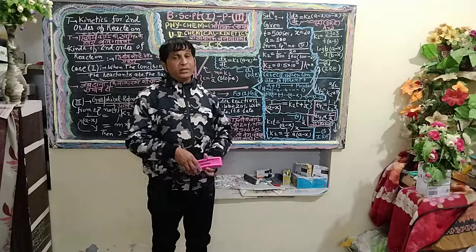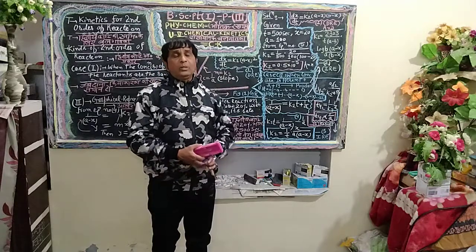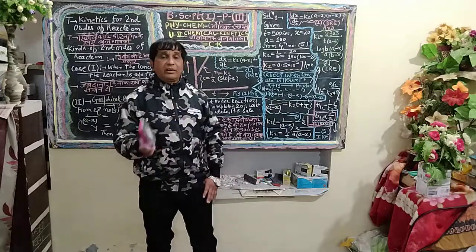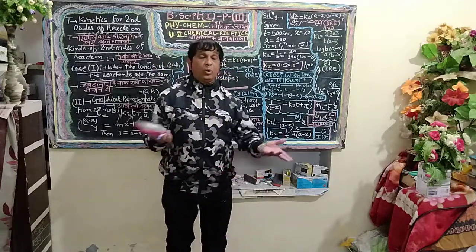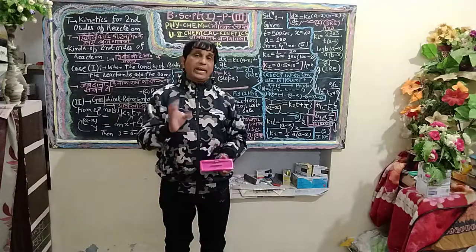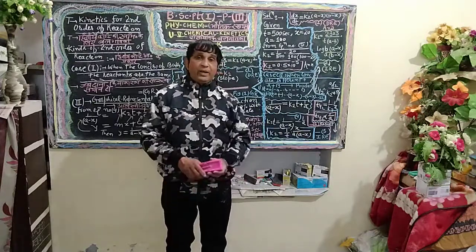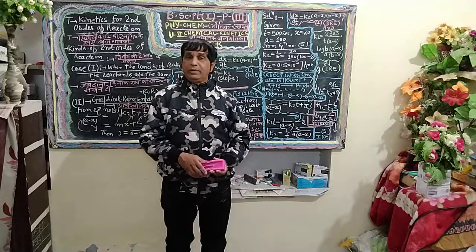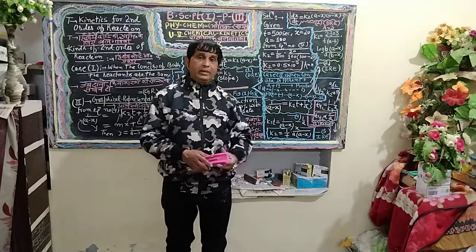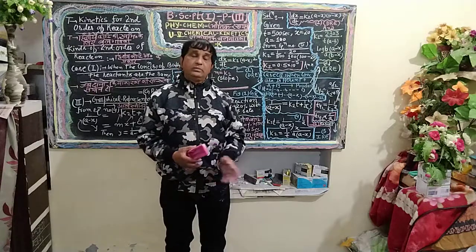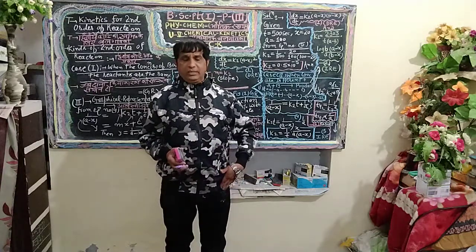So equation number 5 gives us the necessary fundamental knowledge for the kinetics of second order reactions, and it is the second achievement we have derived here, the integral rate equation.